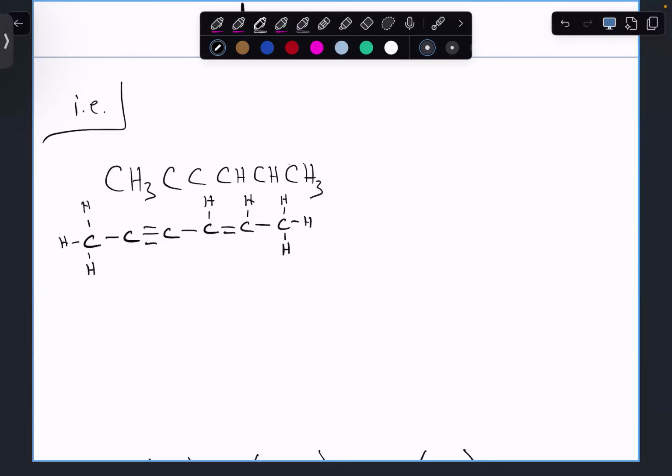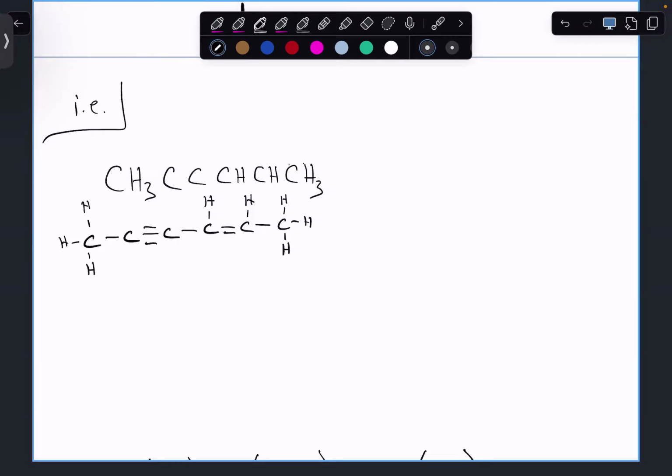Now what we want to do is translate that into the line angle form. This one doesn't have any branches on it, so it's basically just going to be a straight chain in a sense. The way I would start this is just by drawing a zigzag with 6 points.